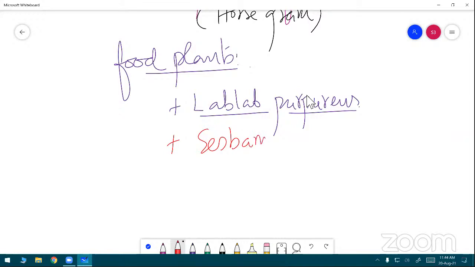One more food plant is Sesbania grandiflora, or Sesbania sesban. Sesbania grandiflora is the binomial of one of the food plants.